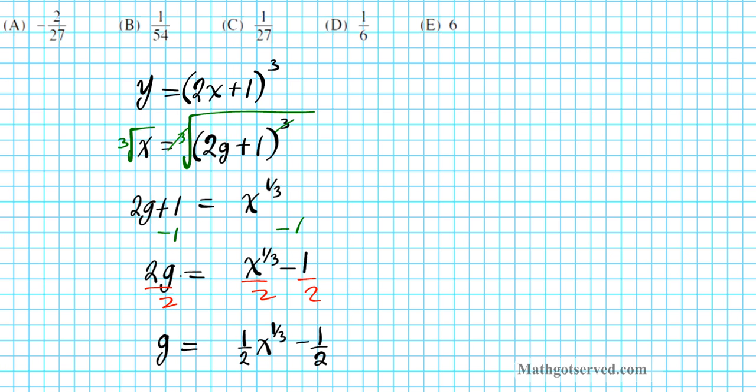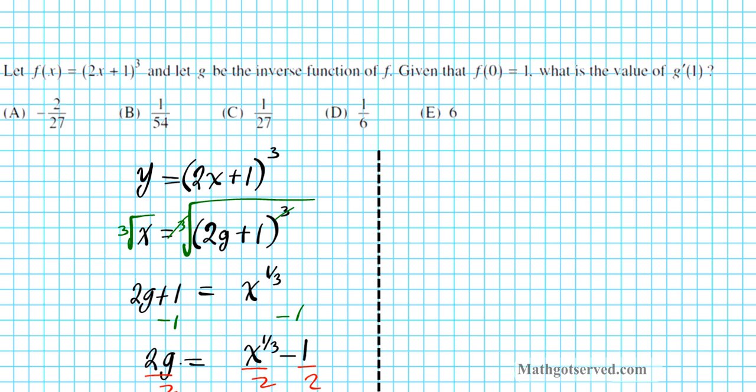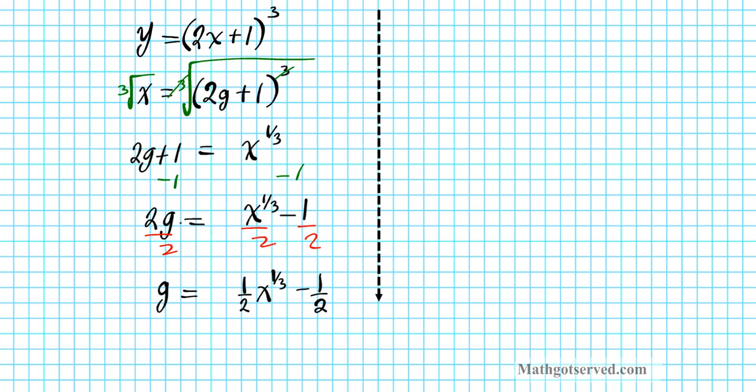All right? The problem asks us to evaluate the derivative of g at x equals something. Don't remember what it is. X equals 1. Good. So to do that, first thing we'll do is find the derivative of g. Okay? So g prime of x, using the power rule here, is 1/2 times 1/3 x to the, subtract 1 from 1/3, you have negative 2/3, minus 0.